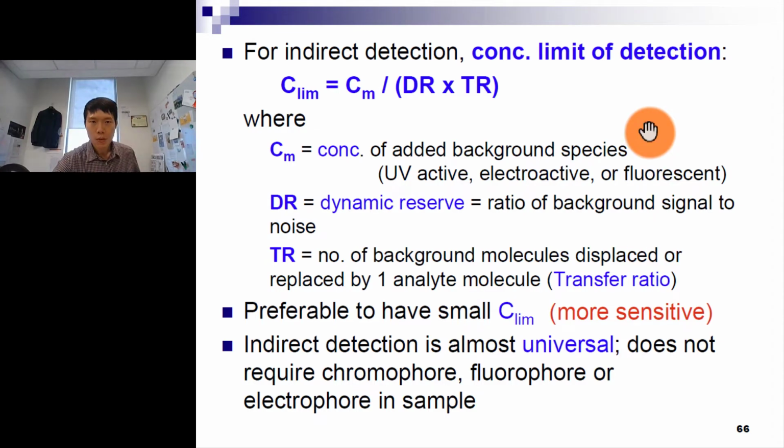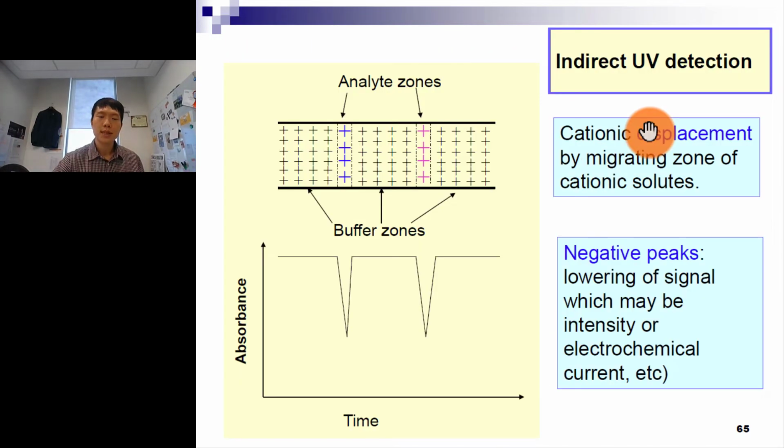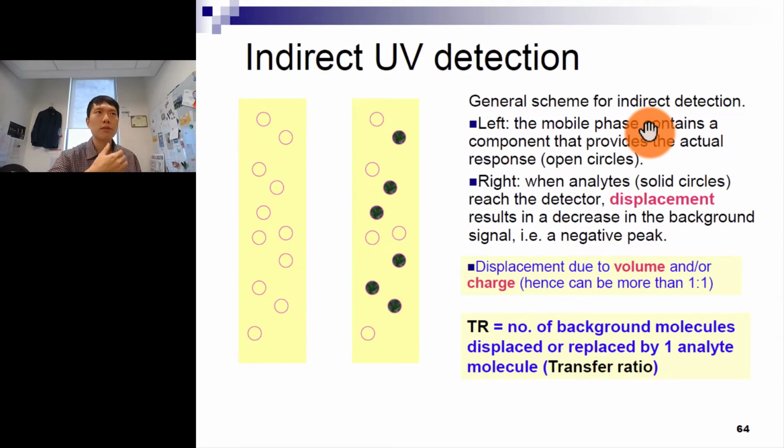Now, for indirect detection, there's a limit in the detection. The reason is quite simple. If you look at the previous slide here, if I block it, what you can measure is only 0, but it is not a true reflection of the highest concentration. I will use an analogy like the stock market. There's a lower limit of how far I can go, which is 0, but there's no upper limit.